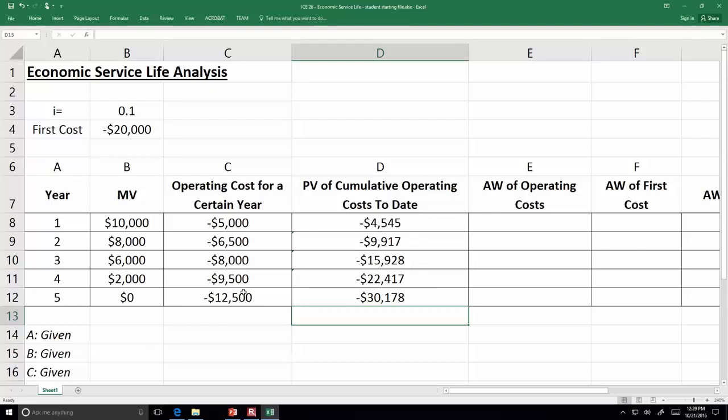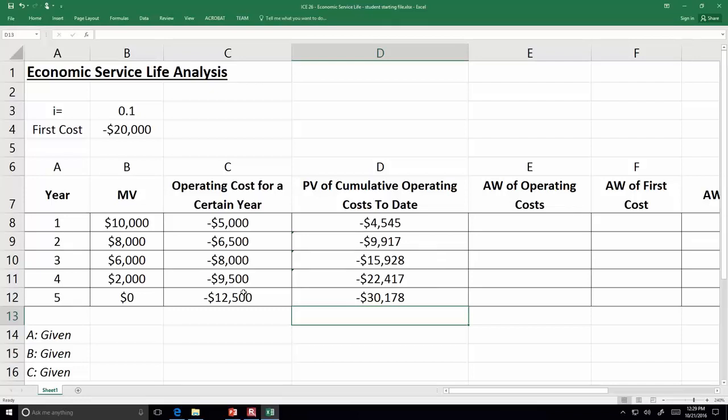So if we keep the item for 5 years and we operate it for those 5 years, if you took all the operating costs to year zero, then the present value equivalent of those annual operating costs would be $30,178.